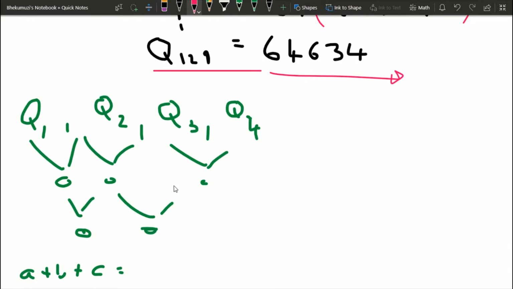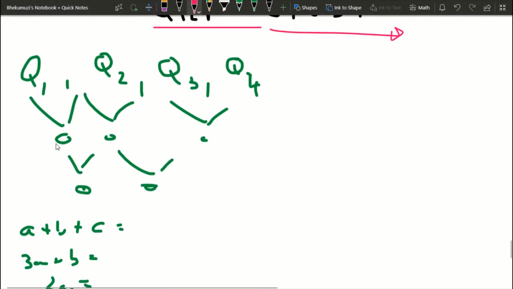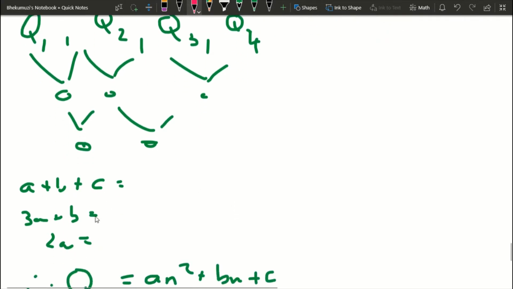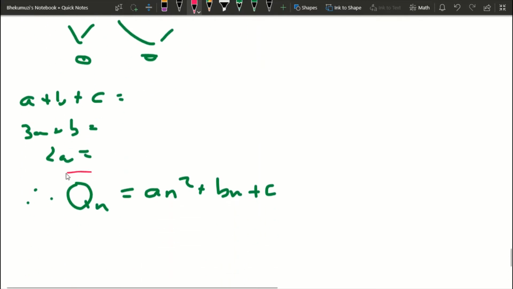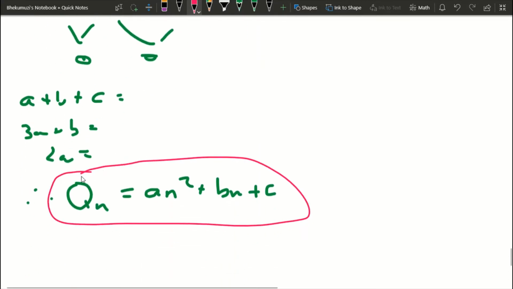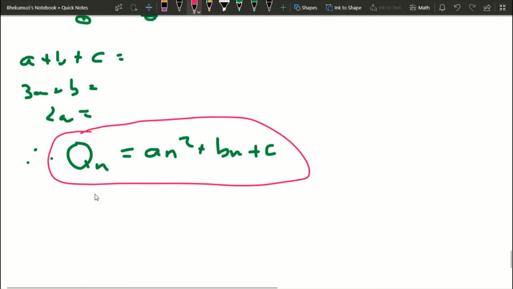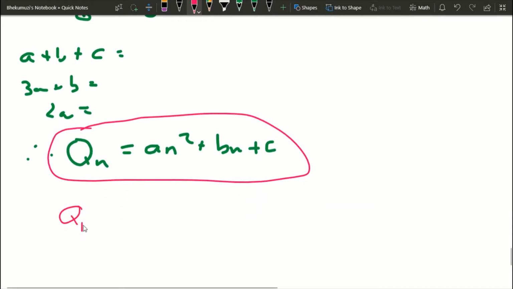By doing it as a quadratic sequence, you get the first differences and the second differences, and then you use your a plus b plus c, your 3a plus b, and 2a to give you a formula for Qn. And once you have the formula for Qn, then you place Q129, and then you'll find your answer.